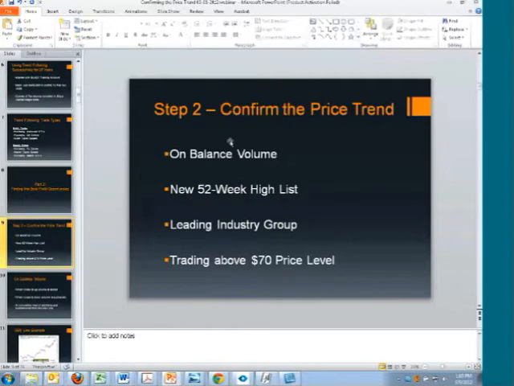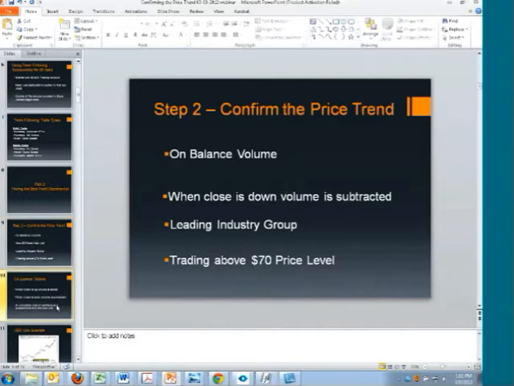So these confirmation indicators allow us to narrow down that big list of stocks, several hundred stocks that are in a price uptrend. And just that allows us to focus on the stocks with the best profit potential. And this is the process I use when I'm selecting stocks and options for the inner circle portfolios.